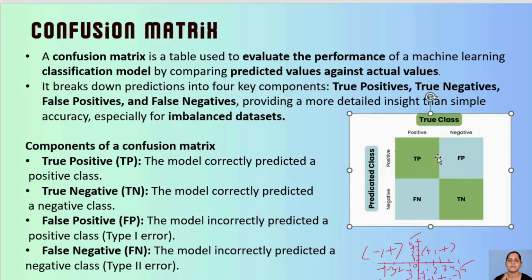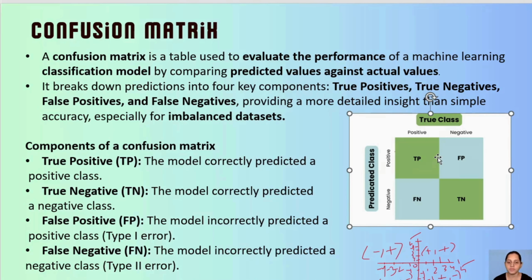Suppose consider a binary classifier problem, in which you are determining spam or not spam. Spam here is a positive class, not spam is your negative class, right? So in the case of a true positive, it's the model's worthiness on how it is correctly predicting the spam class. Then a true negative means how your model is predicting the not spam class correctly.